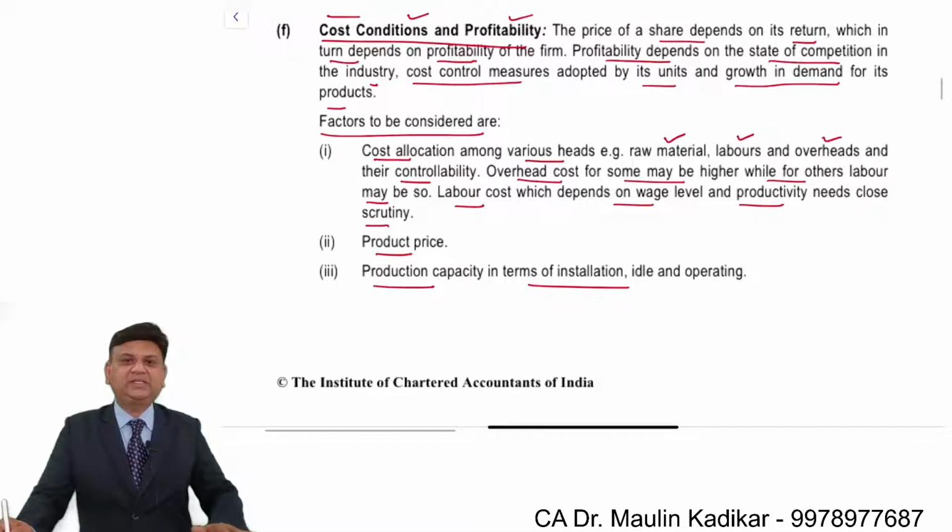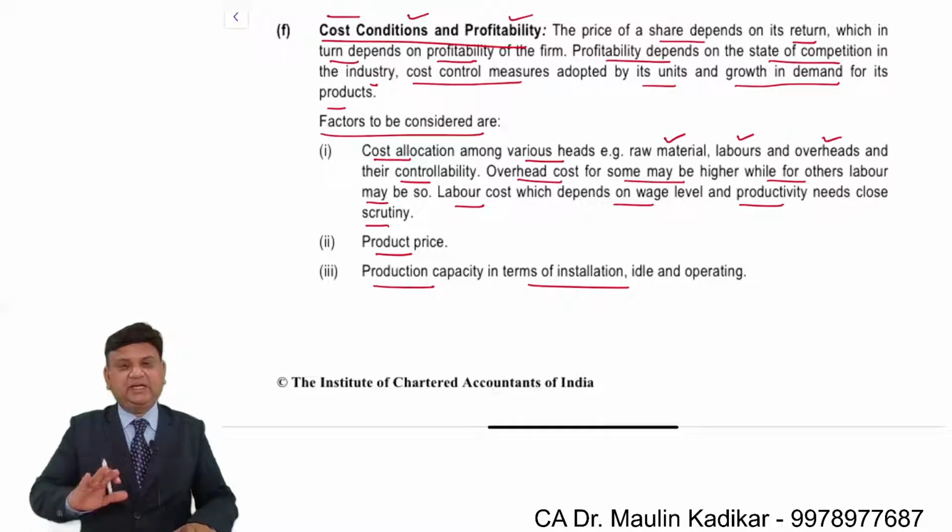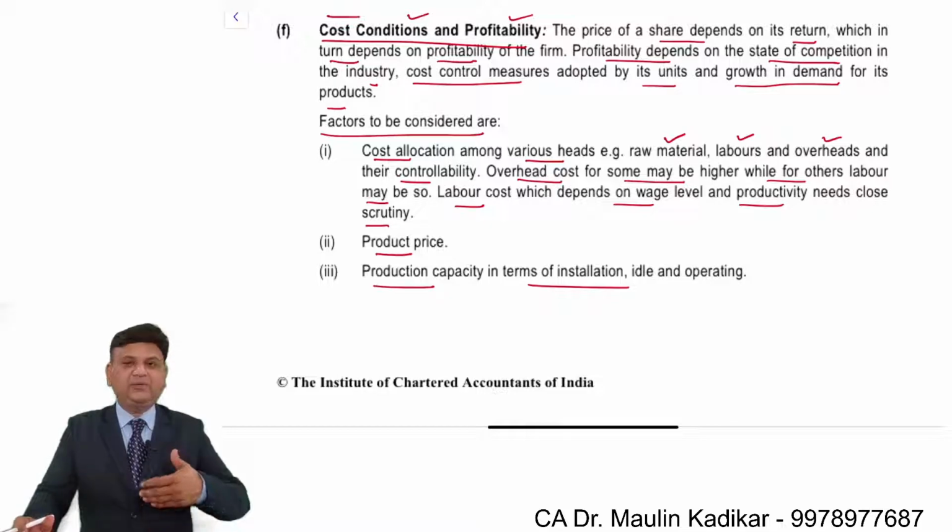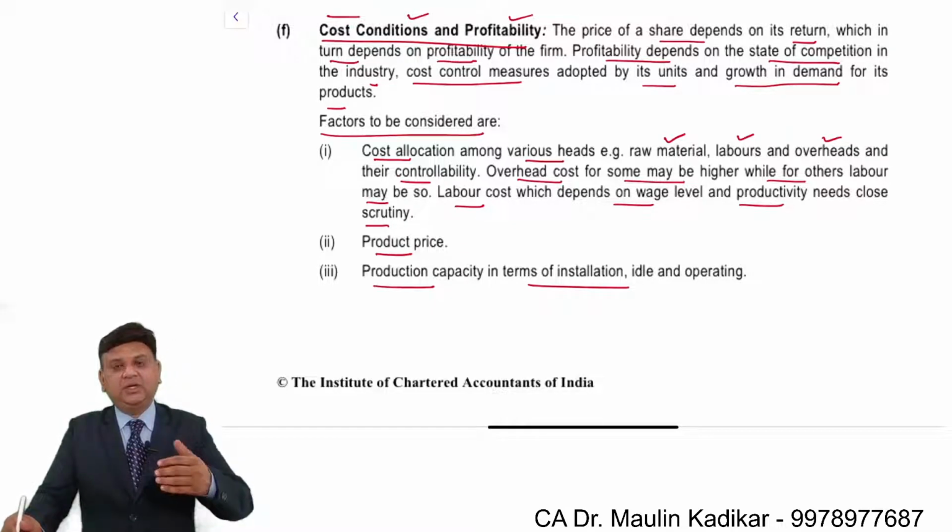So basically we understand that for the cost condition and the profitability, we are required to make a detailed analysis. For example, if we talk about the pharma sector, then the pharma sector has a number of restrictions with respect to the price at which they can sell the product. There may be certain industries which rely on imported raw material.